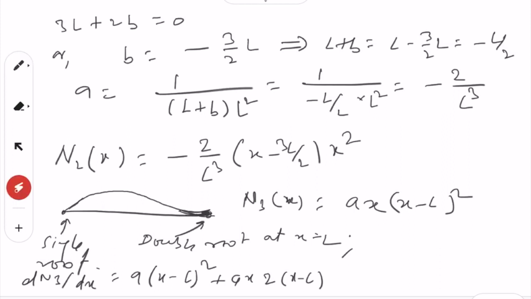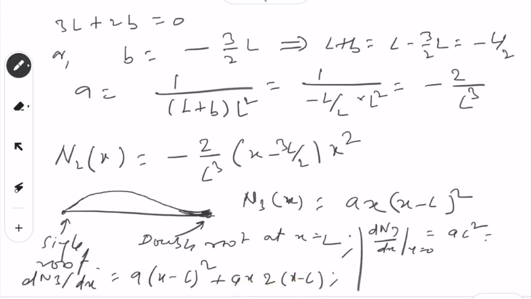If you put x equal to 0, then what do we get? dN3 over dx at x equal to 0 is, putting 0 here, a L square, plus here everything will be 0, so we get simply a L square, which is equal to 1. So hence a equal to 1 over L square.